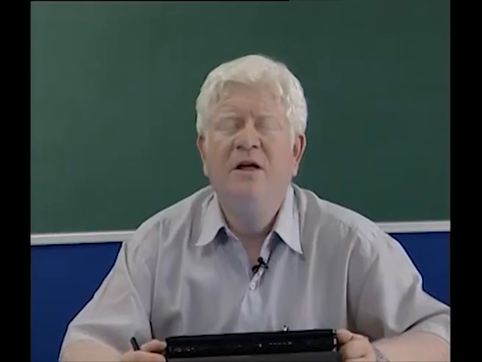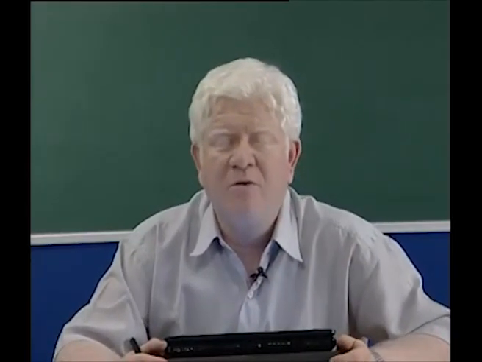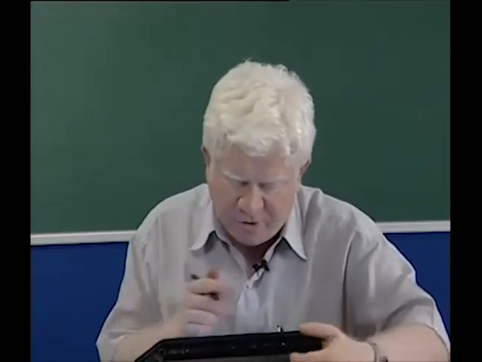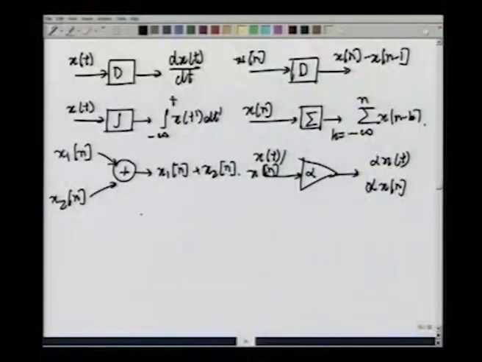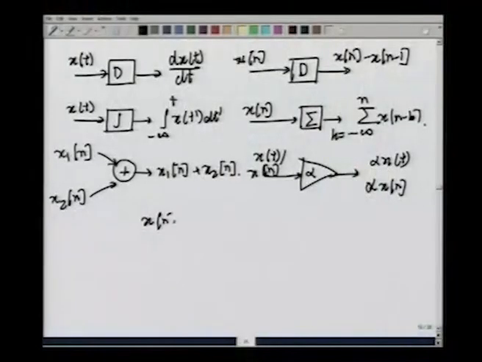Suppose we want to solve the difference equation that we have been playing around with till recently. Let us say an even simpler system. Suppose we just had x[n] plus beta x[n-1] equals y[n].